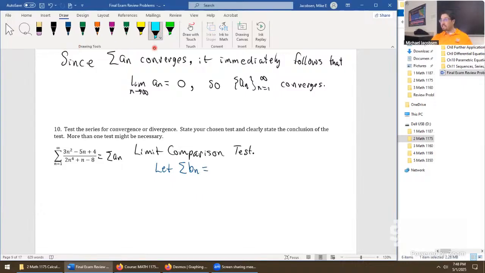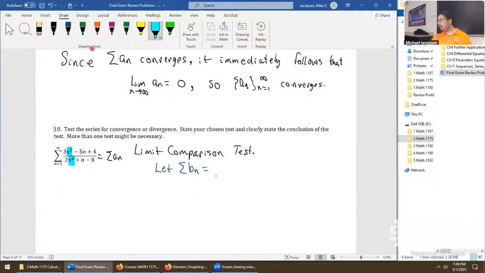The way we grab it is we take, when n is very large, the most important term, and I want really just the variable part, rather not the coefficient 3. So we're going to grab the n squared, most important part in the numerator, divide by n power 4. Double check that order isn't bad, where it goes n power 4, n power 5, or something like that. You're taking the highest degree term here.